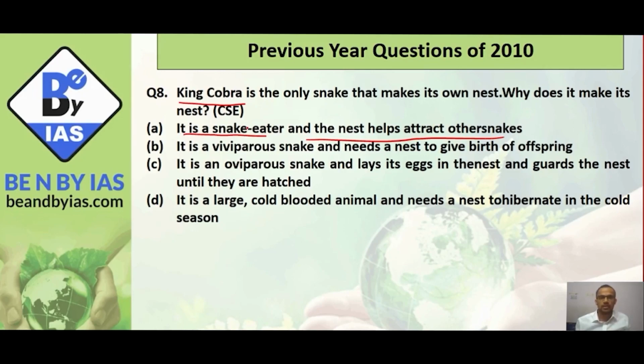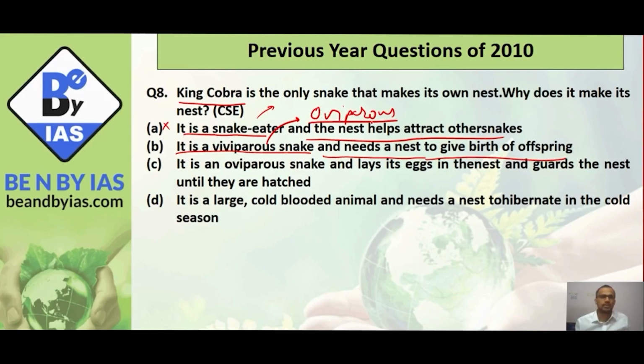It is carnivorous, obviously, but it does not eat other snakes, right? And that's why this is a wrong option. Next, it is a viviparous snake and needs a nest to give birth to offspring. No, king cobra is not viviparous, but it is oviparous.